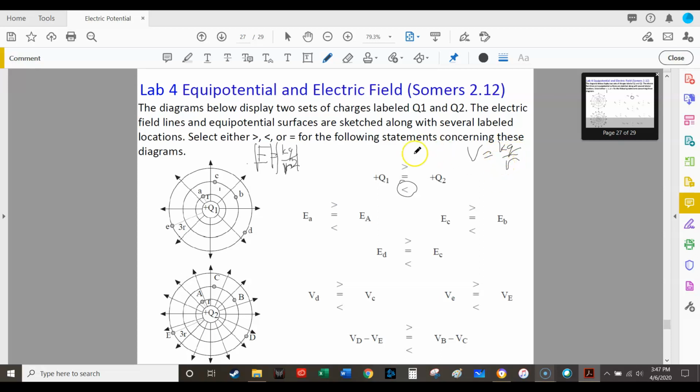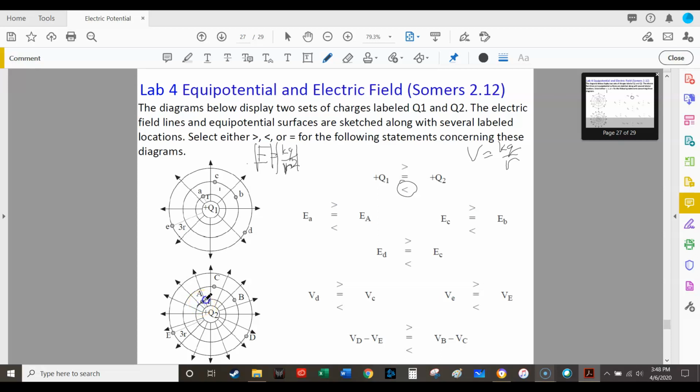All right. Well, the electric field at capital A is a distance r away, and so is the electric field at lowercase a, that's also a distance r away. So I have the same distances, so that's not going to cause a difference. But Q2 has twice the charge of Q1, which means the electric field here is going to be twice as strong.